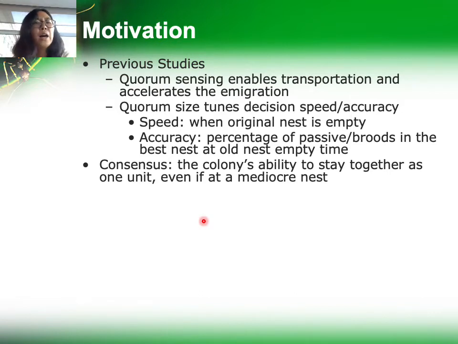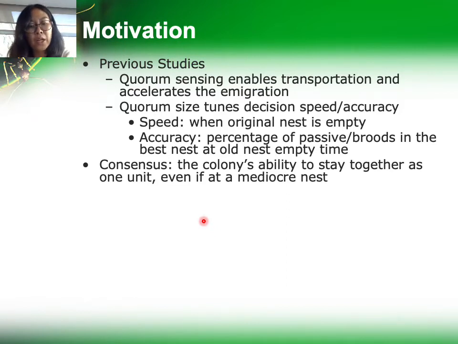So for our work's motivation, why might we want to connect quorum sensing to consensus? Because quorum sensing is a way to essentially lock in a nest choice once enough ants have chosen it. So a nest has a higher chance of accumulating population if it has reached quorum.